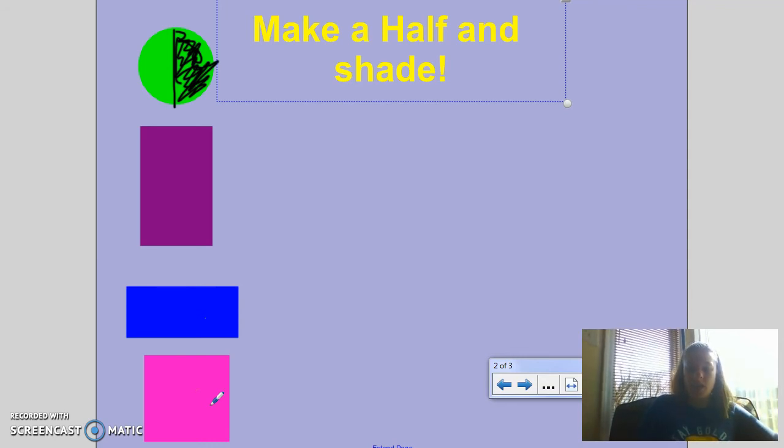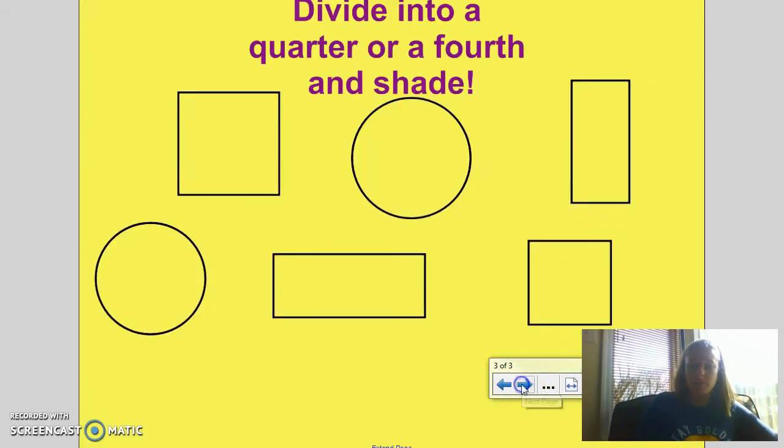Draw a square, divide it in half, and shade 1/2 of the square. When you are done, we are going to go to the next one. If you are not done, that is fine. Just pause this video and finish up. Remember, you are dividing the shape in half and then shading 1/2 of the shape.